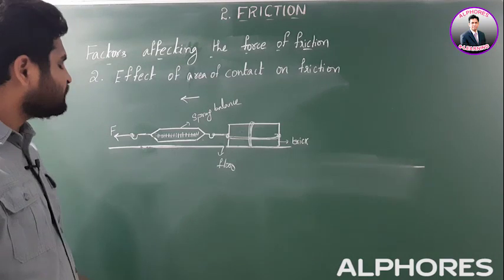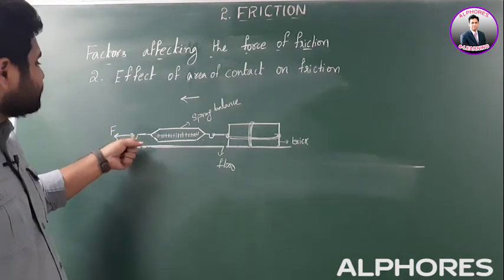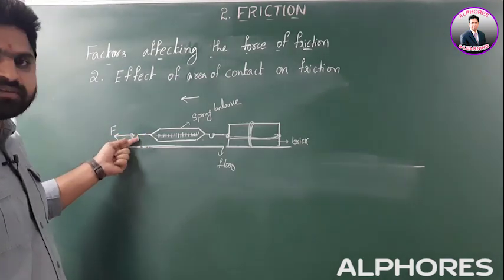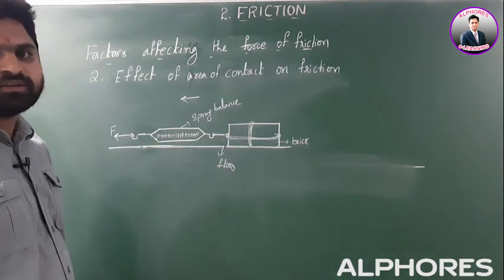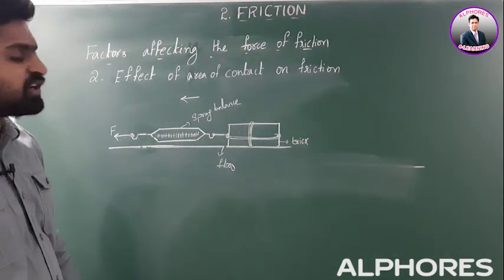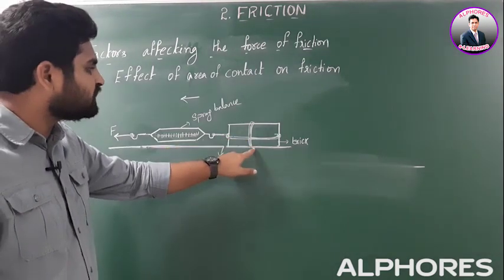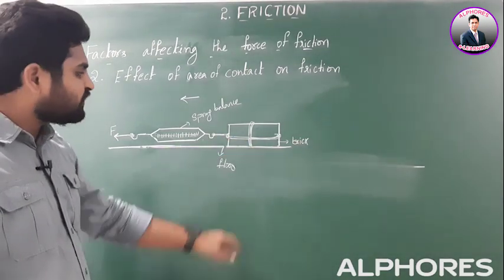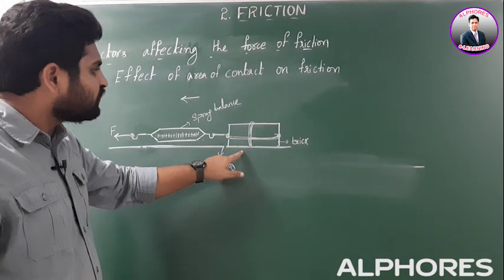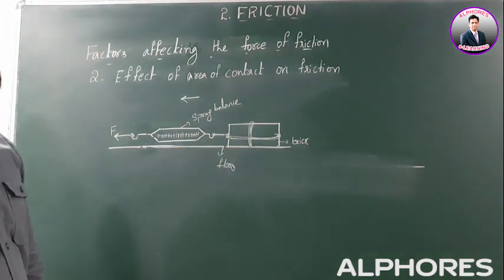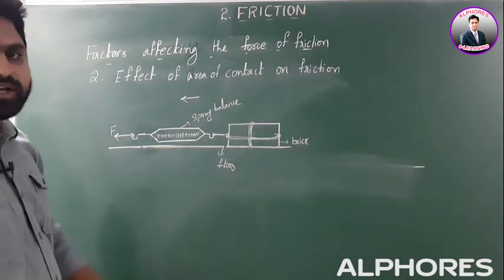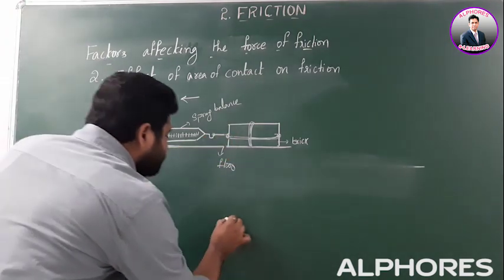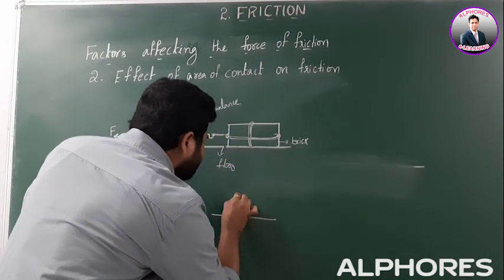Now when you pull this spring balance, the brick does not move because of the frictional force between the brick and the floor. Now tell me, how many forces are acting on the brick here? First let me draw the free body diagram of this brick. This is the brick.